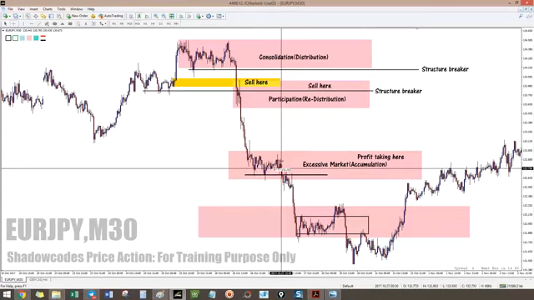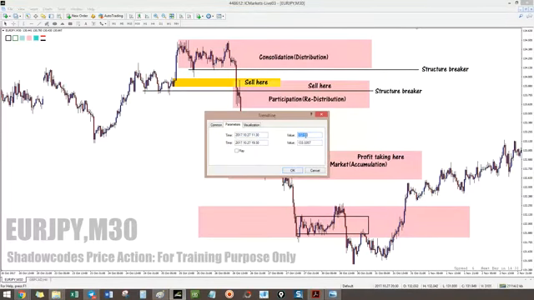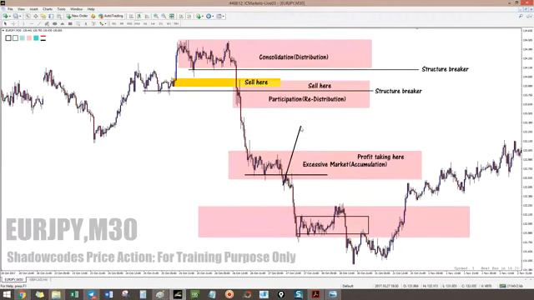After that, you do not enter until the structure is broken. Until you get a structure breaker like this. Structure breaker, then you will have the excessive market.